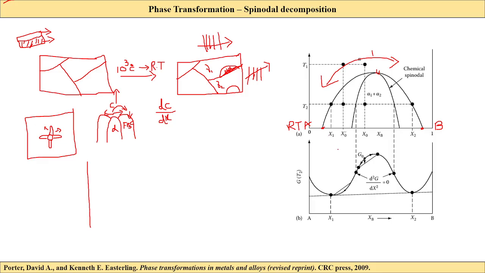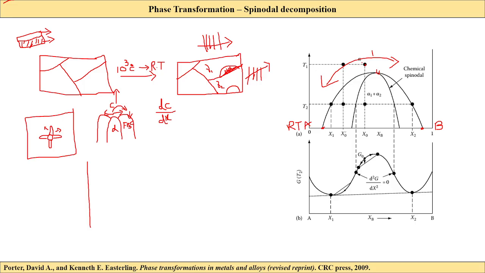Now, this is our room temperature, and we have pure A and pure B. Now, for example, if I take an alloy of composition X naught, and we are homogenizing at temperature T1. And again, why do we homogenize? We homogenize to attain chemical homogeneity.